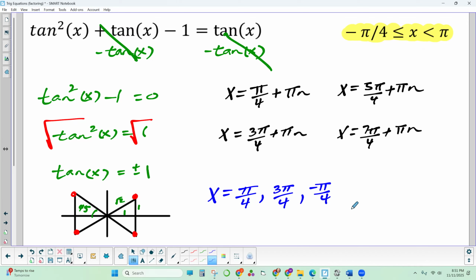And then the third angle here, 5 pi over 4, exceeds pi, so we're not going to do anything with that. And 7 pi over 4 as well exceeds the interval. So our three solutions are pi over 4, 3 pi over 4, and negative pi over 4. And we're done. Okay, one more example.